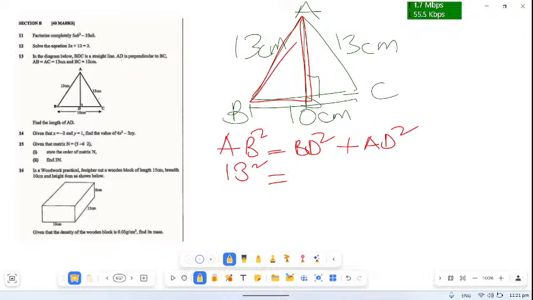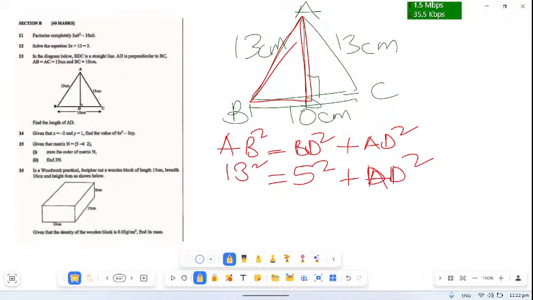Since both are right angles, that means D is the midpoint. So BD will be equal to 5 centimeters. So we have 5 squared plus AD, which we are not given, so we just say AD squared.